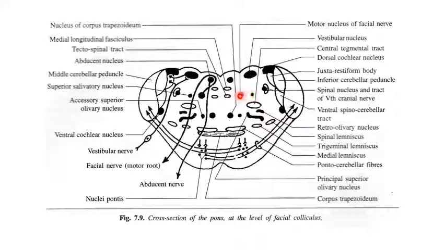This motor nucleus gives rise to branchiomotor fibers. The superior salivatory nucleus gives rise to secretomotor fibers for the lacrimal gland, glands of the nose and palate, and the submandibular and sublingual glands. The nucleus of tractus solitarius receives taste fibers from the anterior two-thirds of the tongue, and the spinal nucleus and tract belong to the trigeminal nerve.